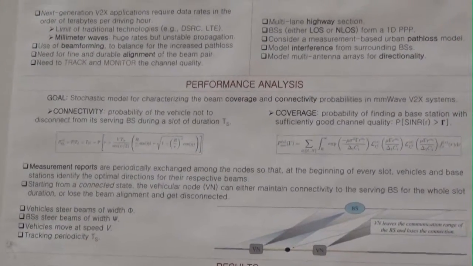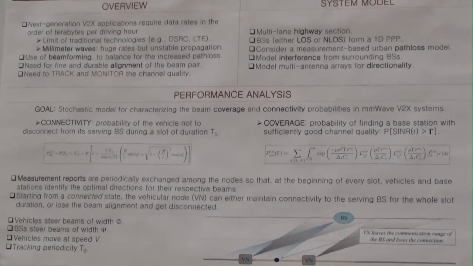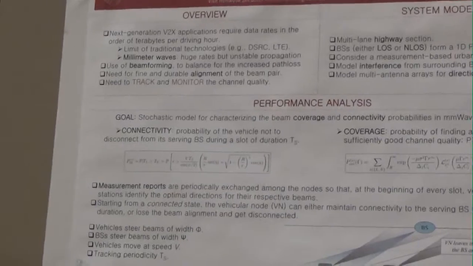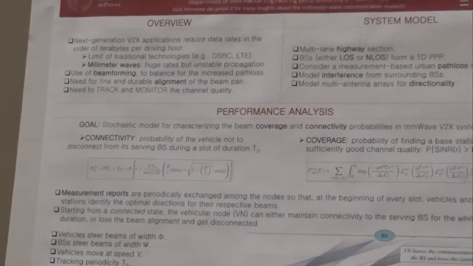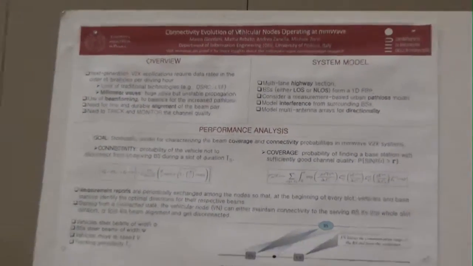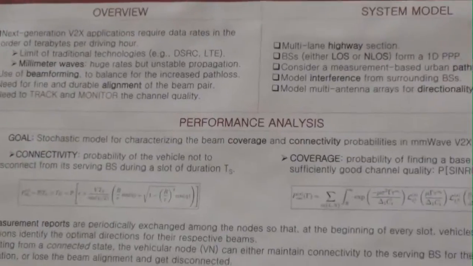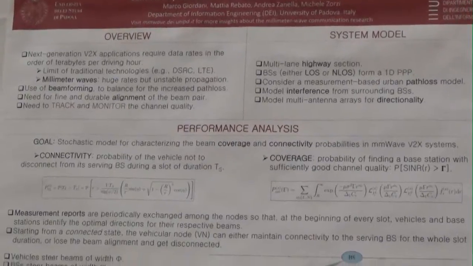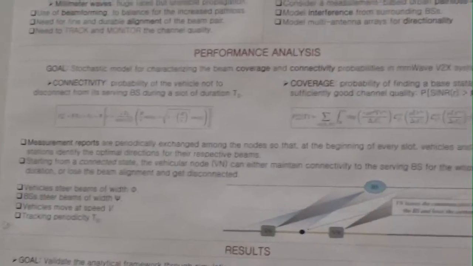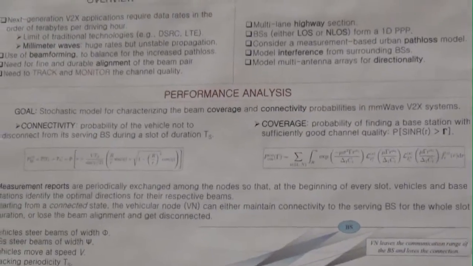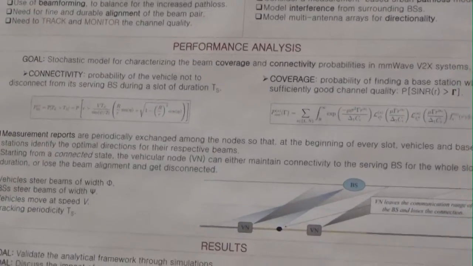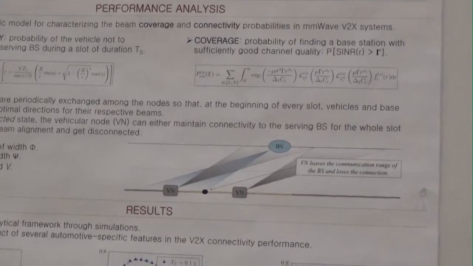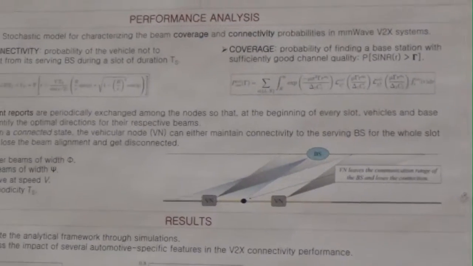We developed a stochastic model for the coverage and connectivity probabilities of the nodes. Our main results show that there exists a trade-off between the beam width of the beams that can be steered and the periodicity of the tracking, because the nodes, in order to exploit millimeter wave frequencies, need to be aligned. So there is a trade-off with the alignment periodicity and also with the speed of vehicles.